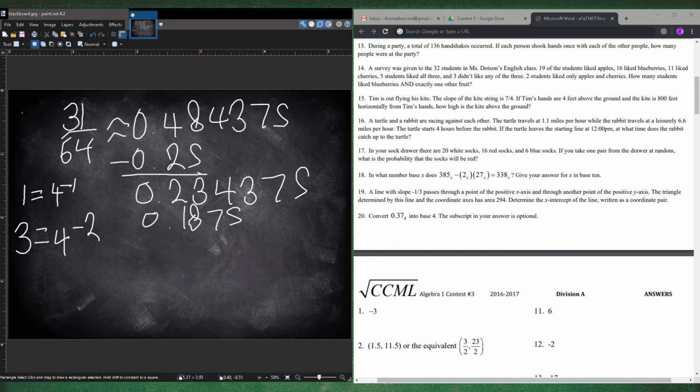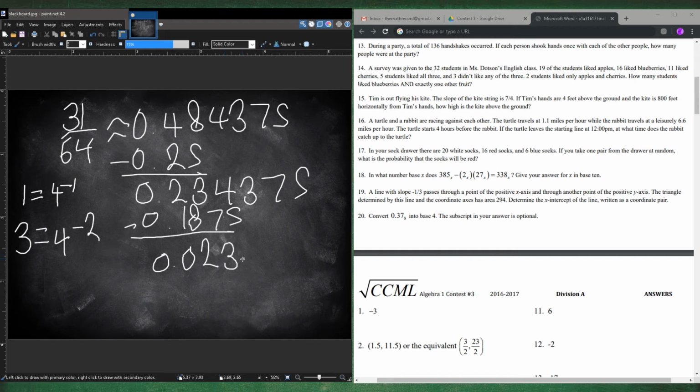Then you subtract that away. We have 0.234375 minus 0.1875. Wait, that's wrong. Am I doing this wrong?